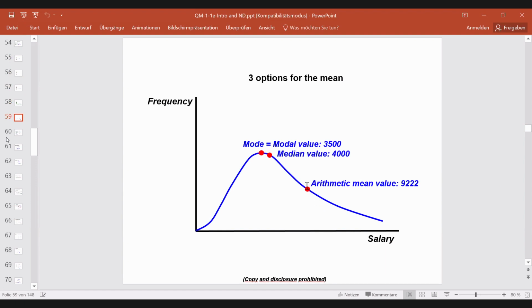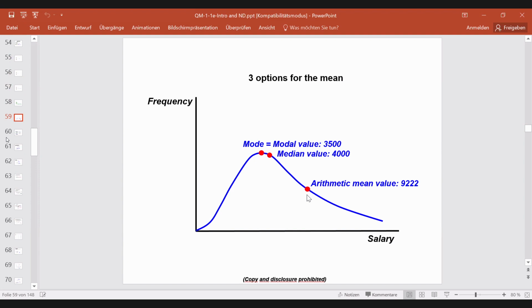So you have, in this example, three mean values. You have the arithmetic mean, which is much too high in this example. Then you have the median value. Median value is good, it's representative, and you can also have here the third option. You can take the mode, which is also representative. So it depends on the distribution and on the values which mean you take.